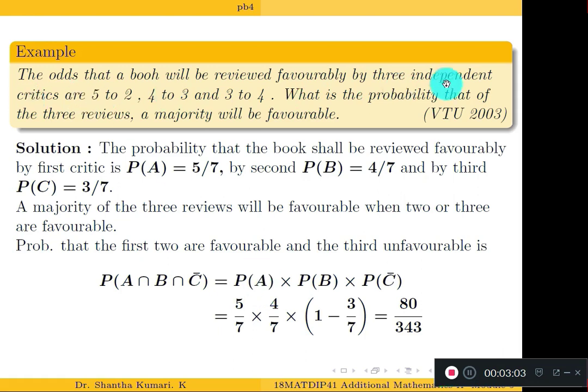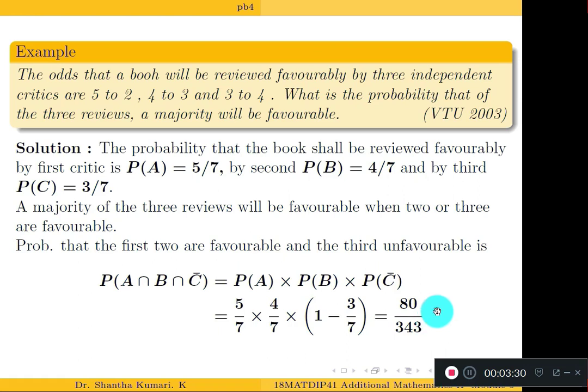Here 3 different independent critics. Here it is given independent. Even otherwise, when 3 persons are different, we take them as independent events. So P of A into P of B into P of C complement. Multiply and write. You know the method, how to find P of C complement? 1 minus 3 by 7. Okay, multiply and check it. You get 80 by 343. Check it.